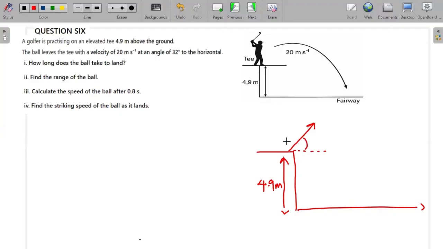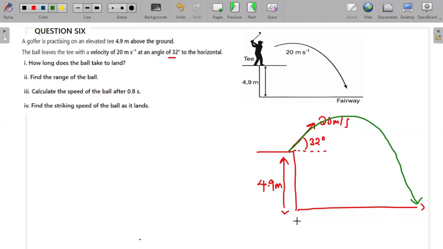The angle there we've been told is 32 degrees, and the magnitude of this velocity is 20 meters per second. So this projectile moves up on top like this, and then it comes down to this.